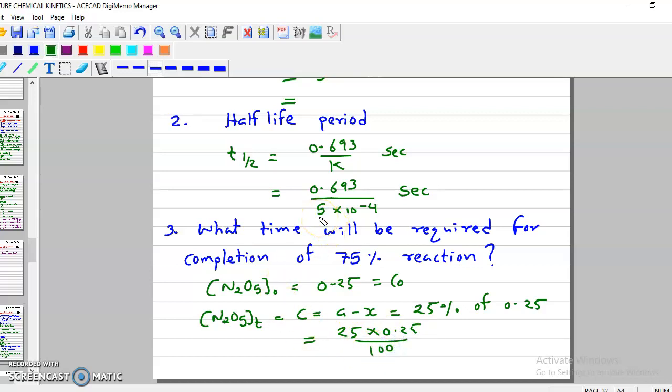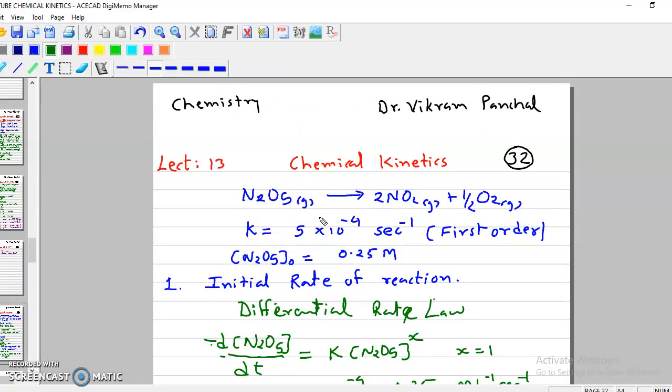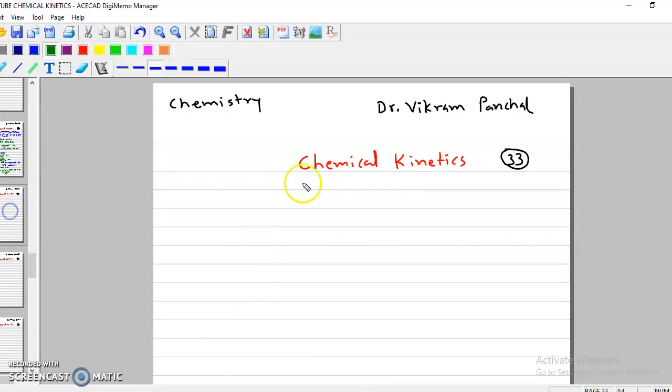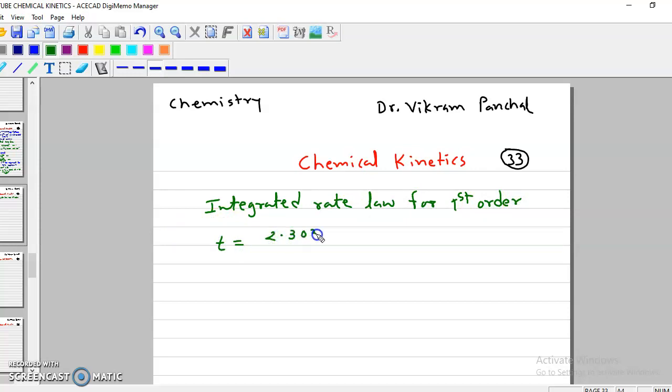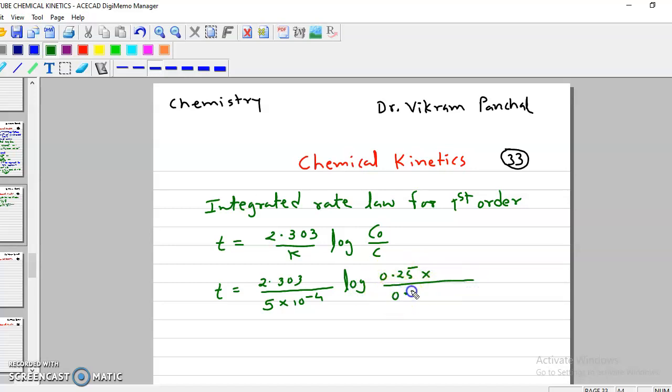Now we have to write the integrated rate law for first order, and because we want to find out time, we will make t the subject: t is equal to 2.303 upon k log C0 upon C, or A upon A minus X. So t is equal to 2.303 upon the value of k, which is 5 into 10 raised to minus 4, log 0.25, which is the initial concentration, upon 0.25 into 25, and 100 will be on the numerator.